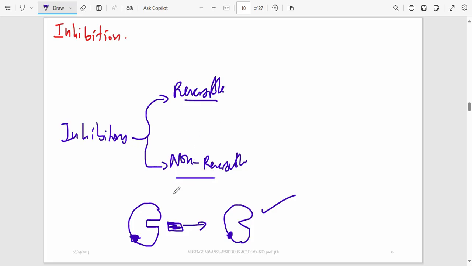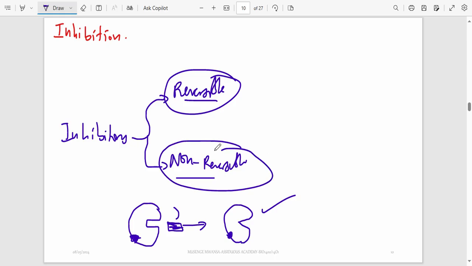Sometimes when you increase the number of substrate, that is going to overpower the inhibitors. And so the way the inhibitors were inhibiting the reaction, they will no longer be able to inhibit the reaction. So you have reversed it, and the enzyme is now working normally.